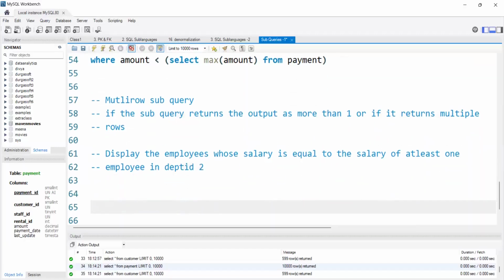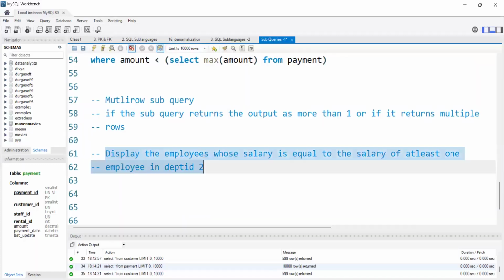My question is that I want to display the employees whose salary is equal to the salary of at least one employee in department ID 2.